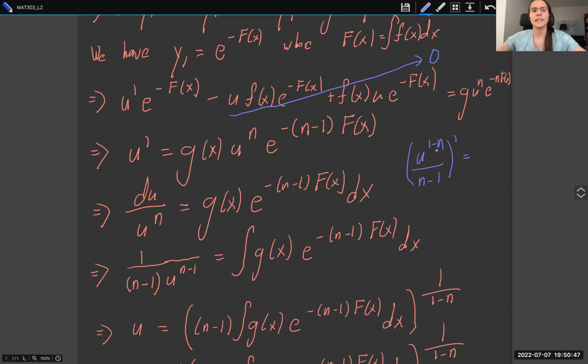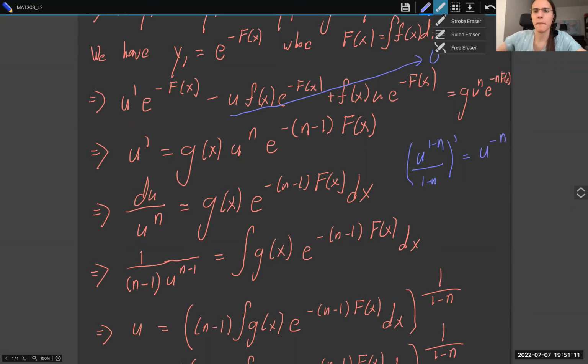So what we get out front is, okay, yeah, if we have 1 minus n, and we take the derivative of this, then we get the 1 minus n canceling out, and that's u to the power of negative n.